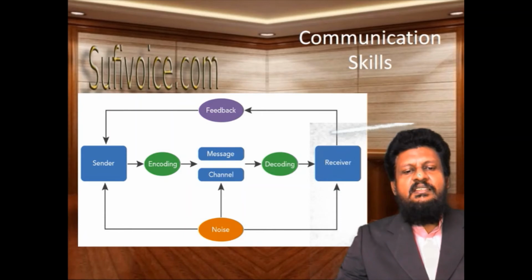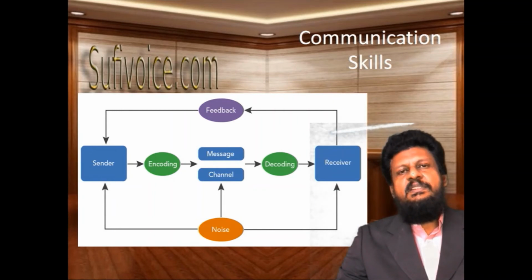Then the third one is noise. Noise has to be reduced as much as possible. This communication barrier has to be avoided as much as possible in order to deliver the message crystal clear.